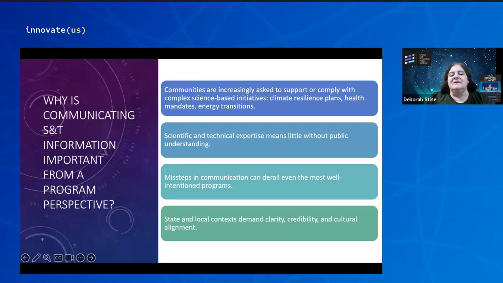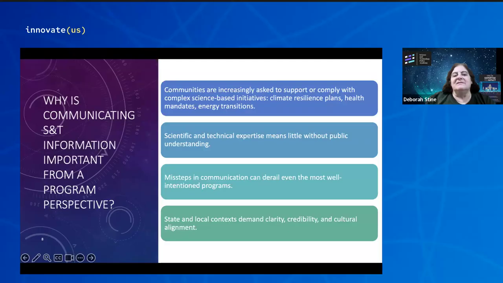First, we're asking a lot of communities these days, and part of it is to actually take personal action. We saw this a lot during the pandemic, like wearing a mask. There are things now related to climate in terms of actions people take, on an energy standpoint, thinking about how we use our energy, what decisions we make when we buy a vehicle or decide to reduce our thermostat.